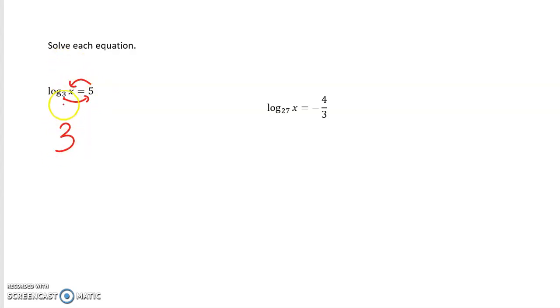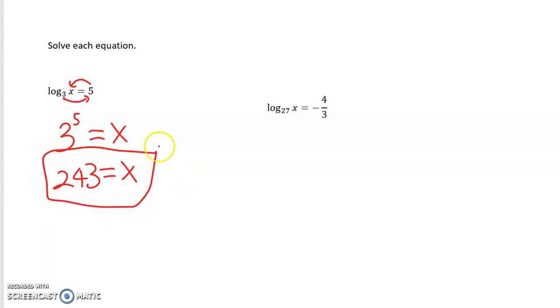So we rewrite this as 3 to the 5th equals x. That tells us what x is, and we just need to work out 3 to the 5th. From the previous examples, we know it's 243. So x equals 243.